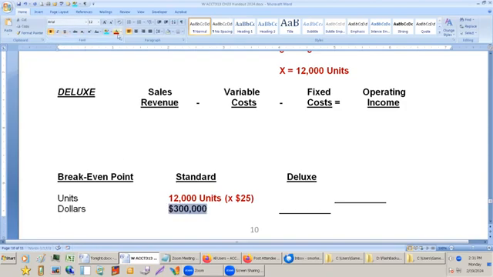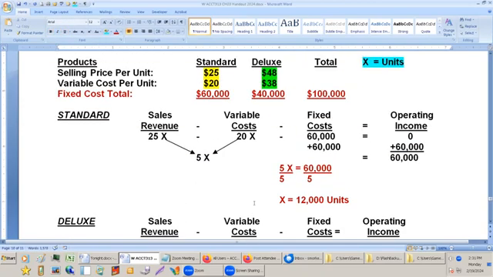Okay, so that is standard break even. Now I've got to do the same thing for the deluxe.